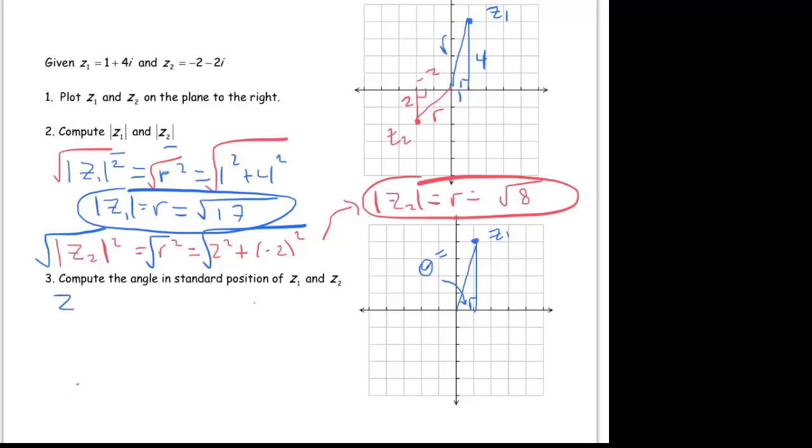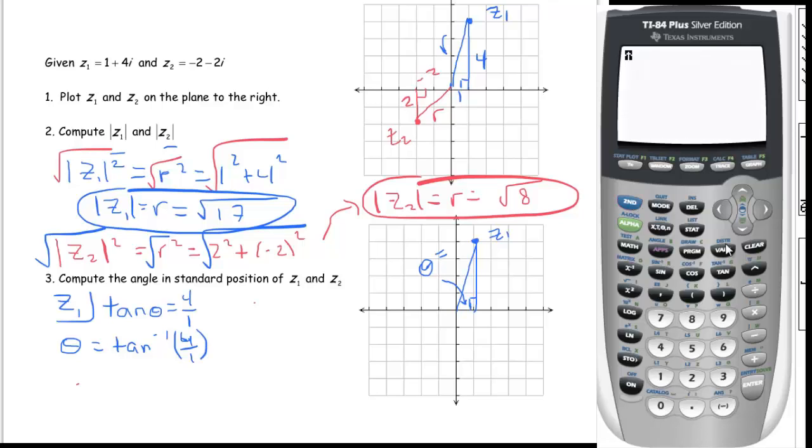So for z1, I know that the tangent of the angle is equal to 4 over 1. And so therefore our angle is equal to tan inverse of 4 over 1. And that turns out to be, when I put it in the calculator, 75.96 degrees.